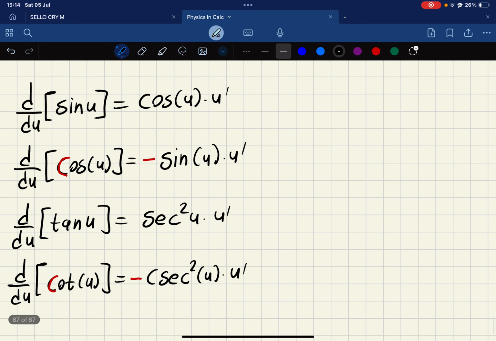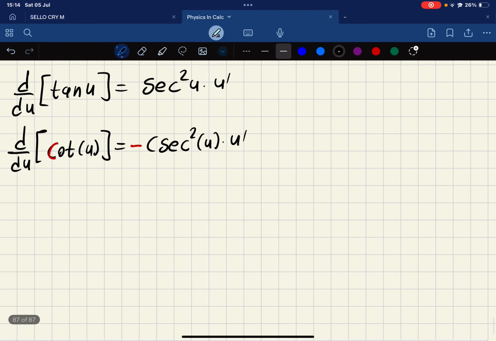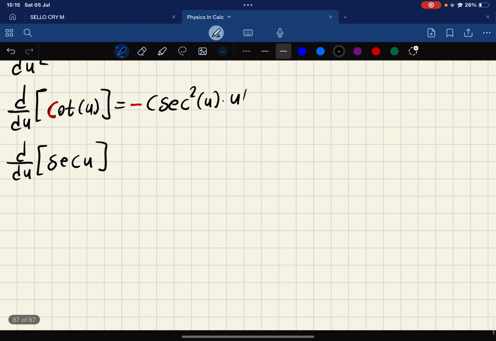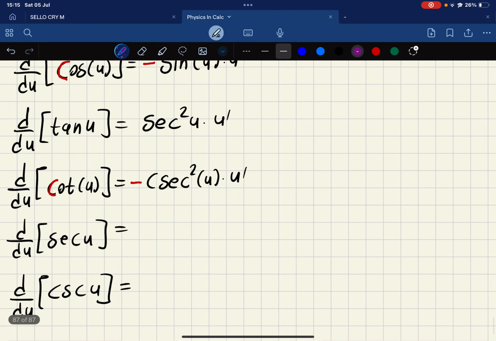Now let's go to the derivative of sec u, and also the derivative d over du of cosec u. You can still write cosec like this. I want to show you a pattern. If you can check, tan is a member of sec.